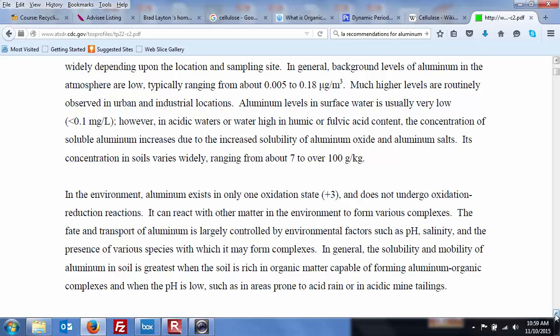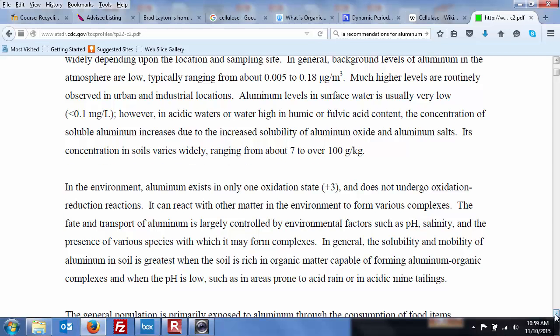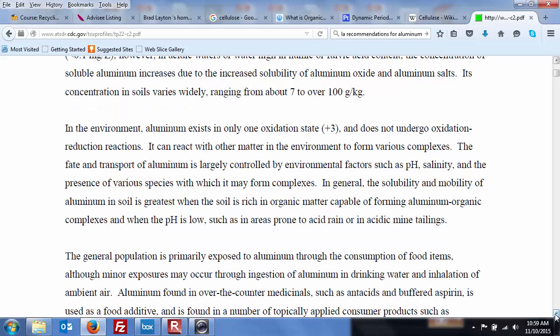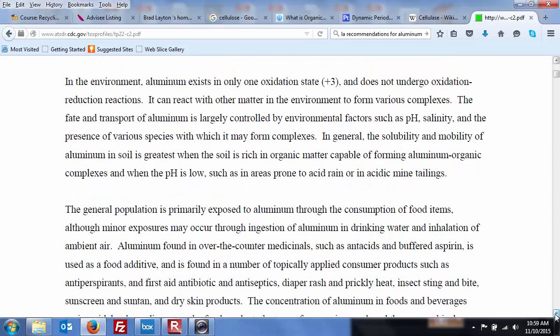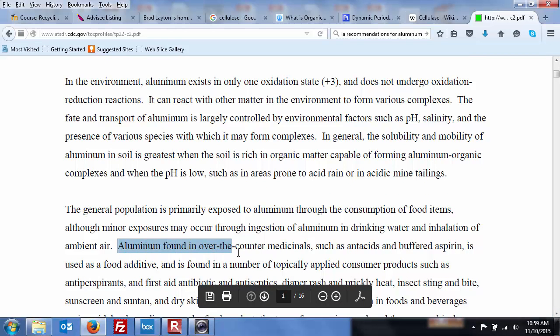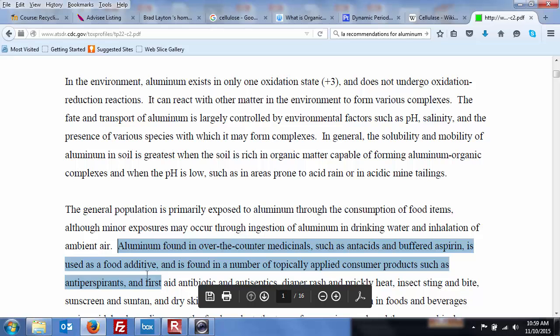Yeah, like baking powder. Beauty, health shampoo, health deodorant. Well, yeah, and it is mentioned here, aluminum found in over-the-counter medicines, antacids, aspirin, food additive, and we did mention topical consumer products as well.